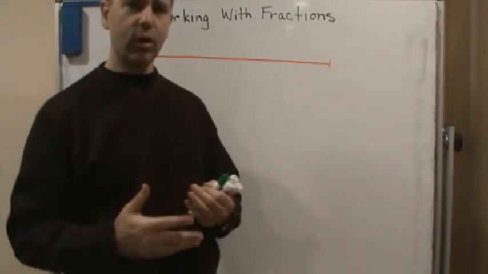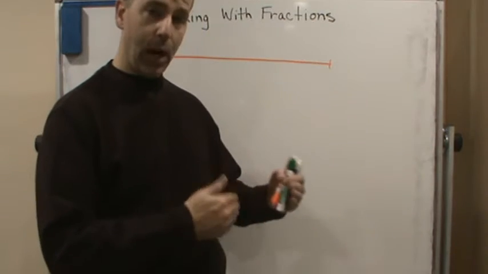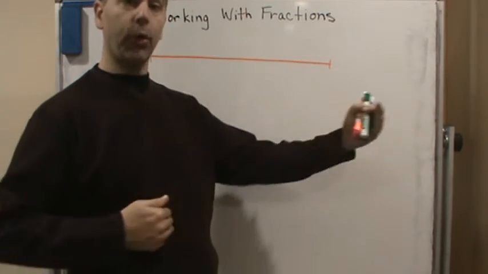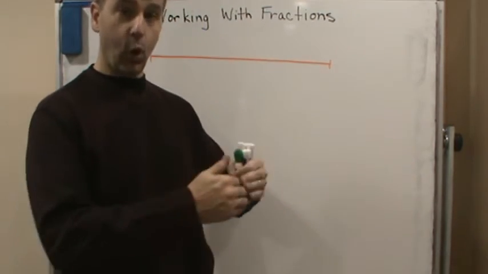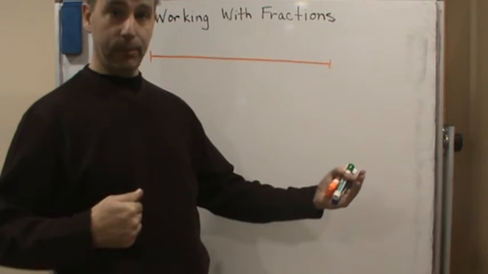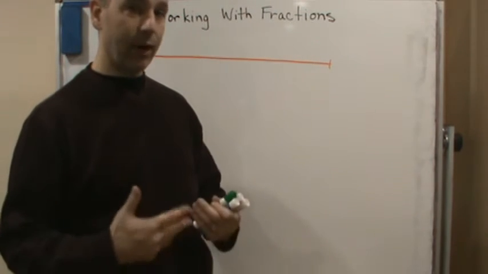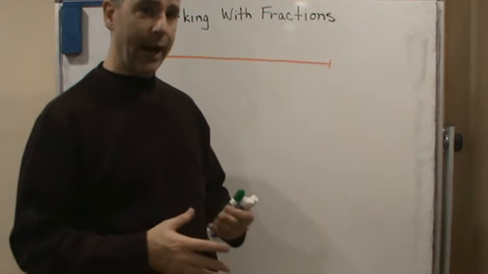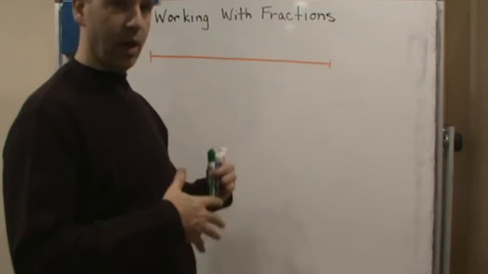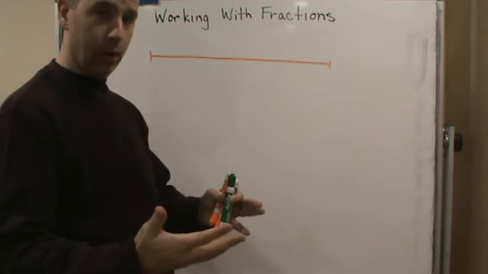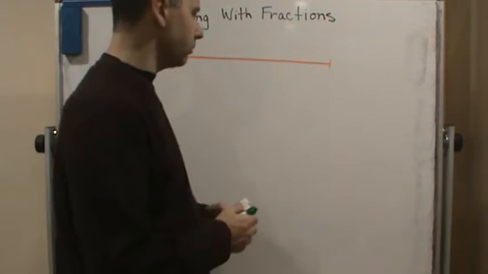We understand intuitively that we're talking about some part of the whole thing, the whole trip, the whole pie, the whole cake, whatever it is that you're talking about. So a fraction is a representation of a part of a whole something, okay?